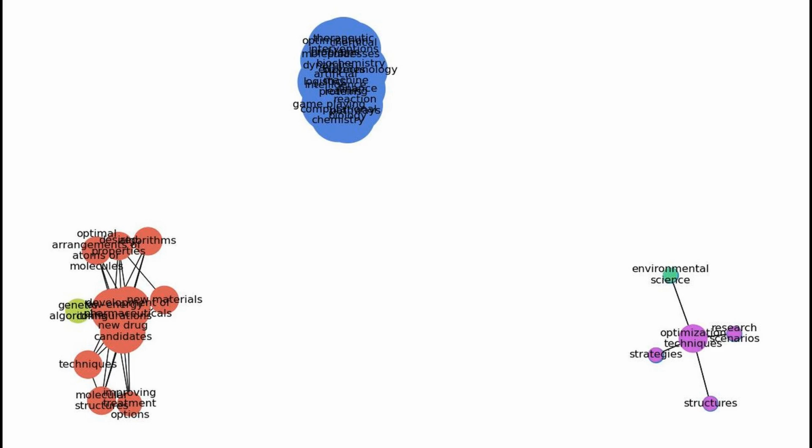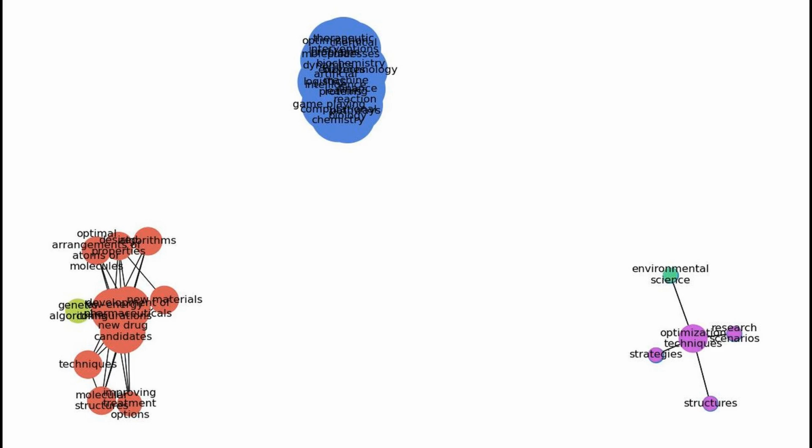1. Material science. The techniques developed for clustering and optimizing molecular structures could be applied to understand the morphology of physical defects in materials. By using similar algorithms to identify optimal arrangements of atoms or molecules, researchers could improve the design of new materials with desired properties, such as increased strength or resistance to wear. 2.